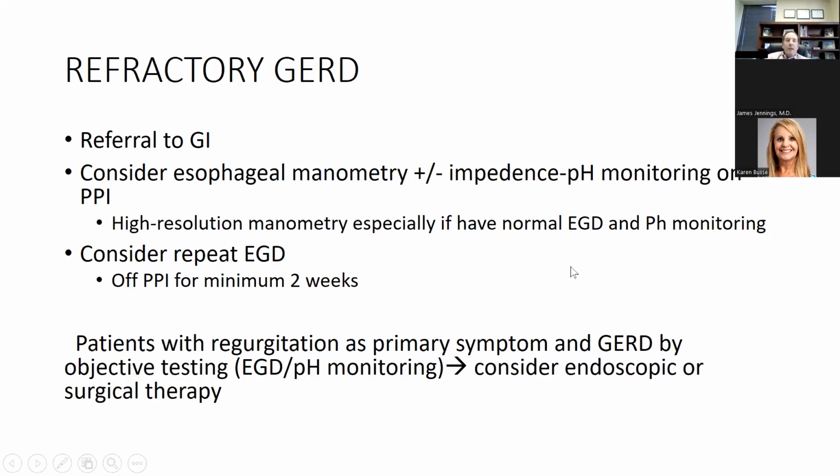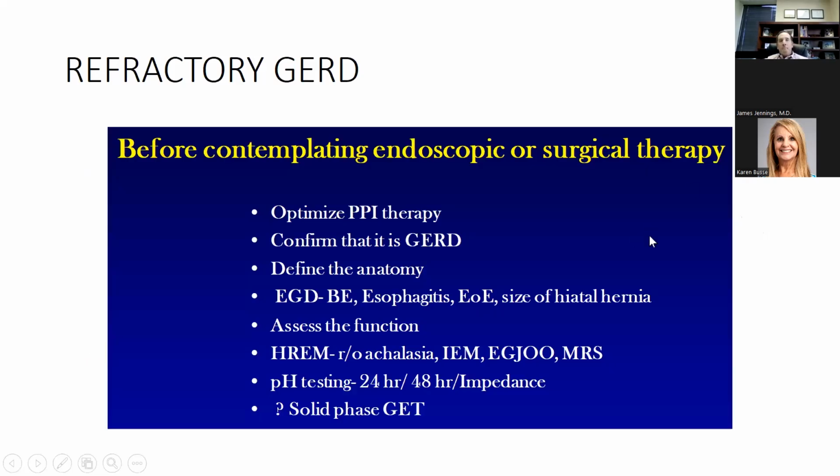If patients have regurgitation as their primary symptom, then we would consider more aggressive, invasive options of therapy, such as endoscopic or surgery. But before we go into endoscopic or surgical management, we want to optimize their PPI therapy, making sure they're taking it on time, and confirm that it is reflux with pH monitoring and/or EGD or both.